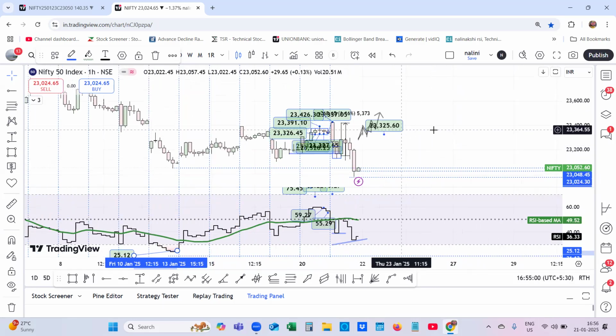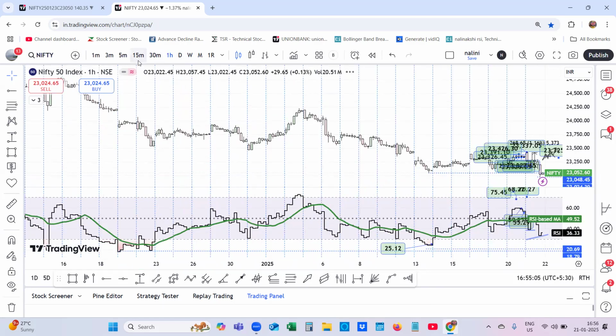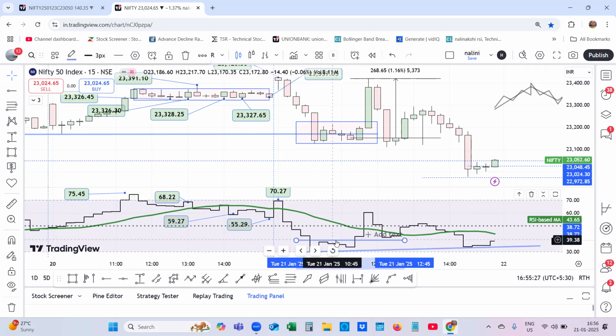Okay. For example, let me reset the chart and go back to the 15 minutes. See, here, when you noticed, the price was consolidating, and when the price made a higher low, you can see the price piercing above this RSI level, that is 38.06.